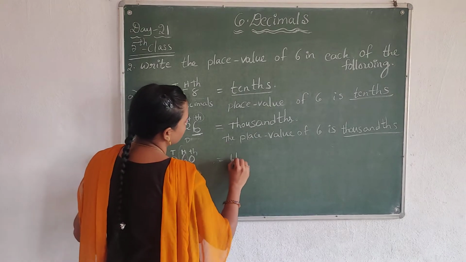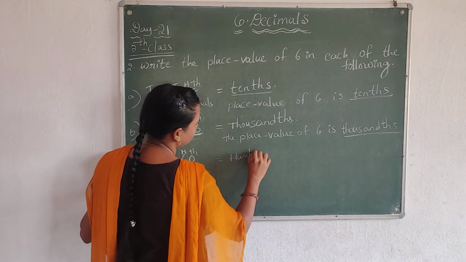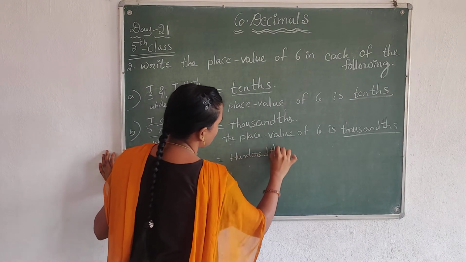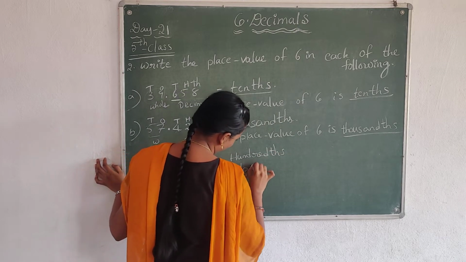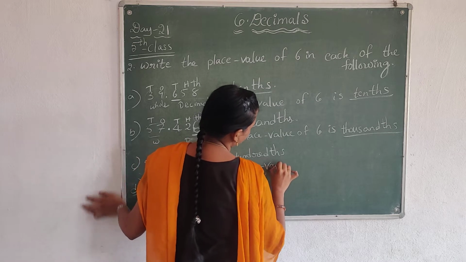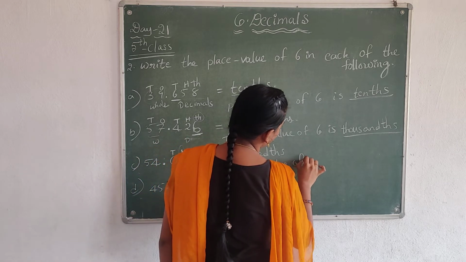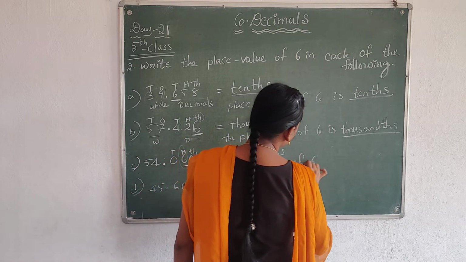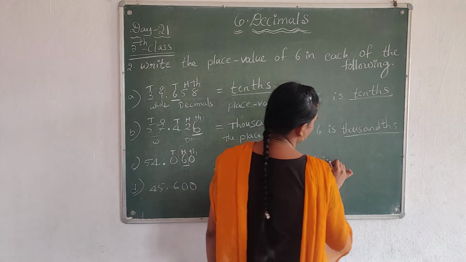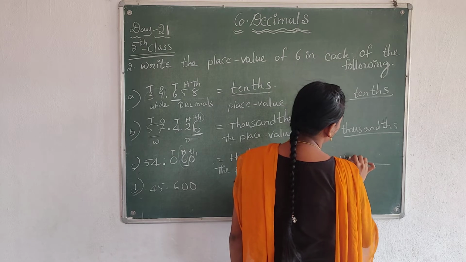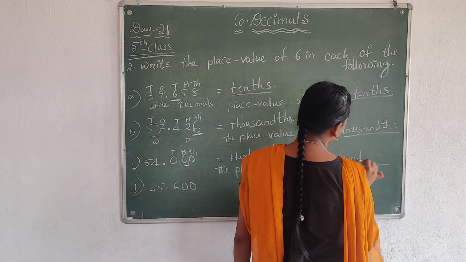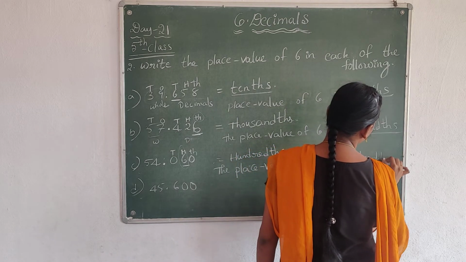Okay, hundreds. That means the place value of 6 is hundreds.